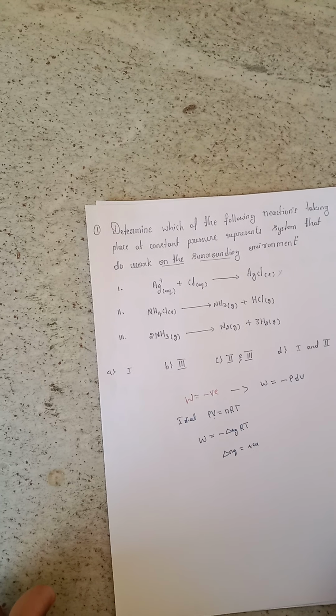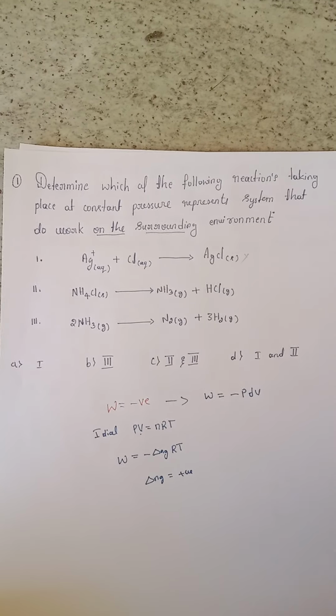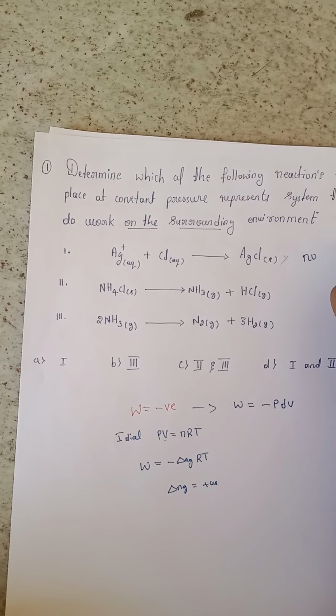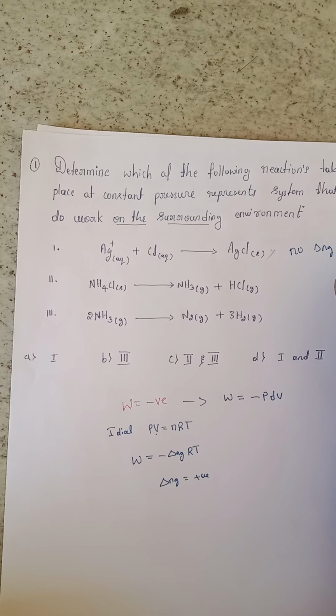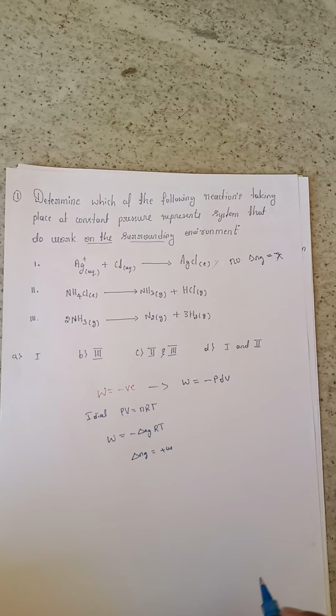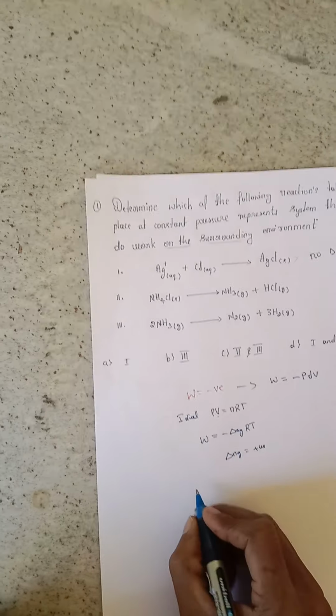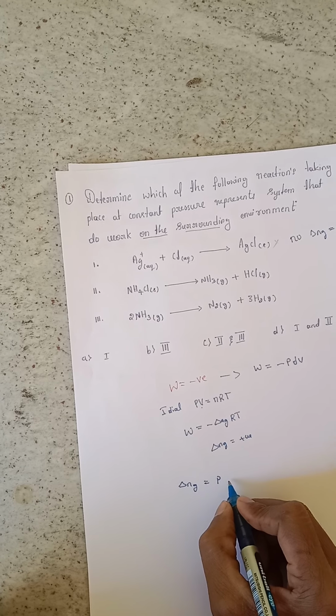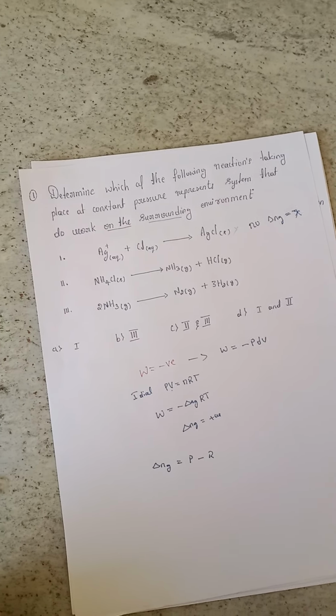Now in the first equation, a solid is there, so no delta ng. Hence we come to the second one. Delta ng is equal to product minus reactant.